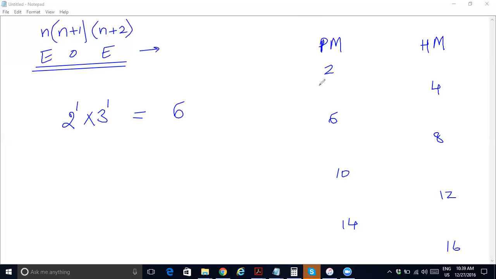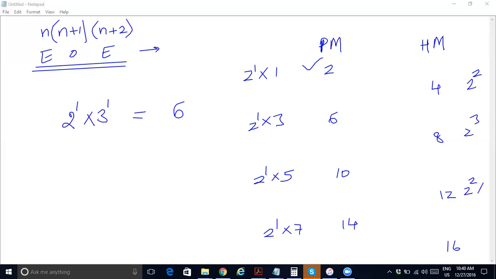If we take consecutive even numbers, one will be a pure multiple of 2, that is, one number will have only a single 2: 2 raised to power 1 into 1, 2 raised to power 1 into 3, 2 into 5, 2 into 7, only a single 2. And the other one will have at least two 2's: 2 square, 2 cube, 2 square into 3, 2 to the 4, next one 2 square into 5, like this.